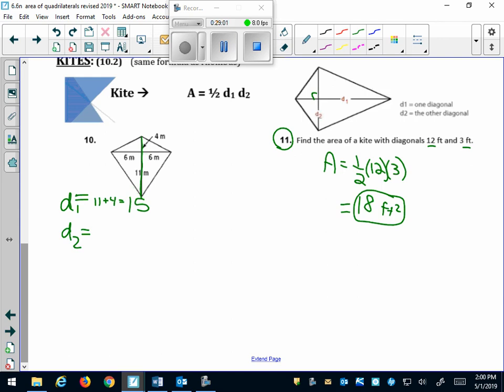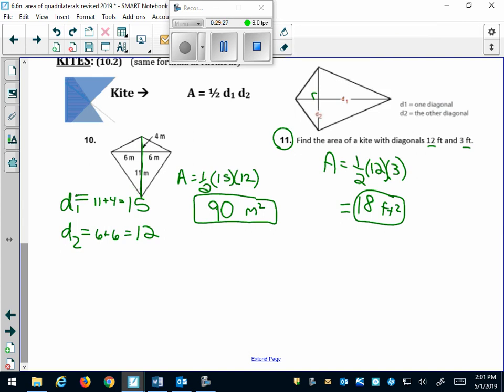What's D2? 12, because it's 6 plus 6. So our formula then is 1/2 15 times 12, which is 90 square meters. Okay, any questions on that?